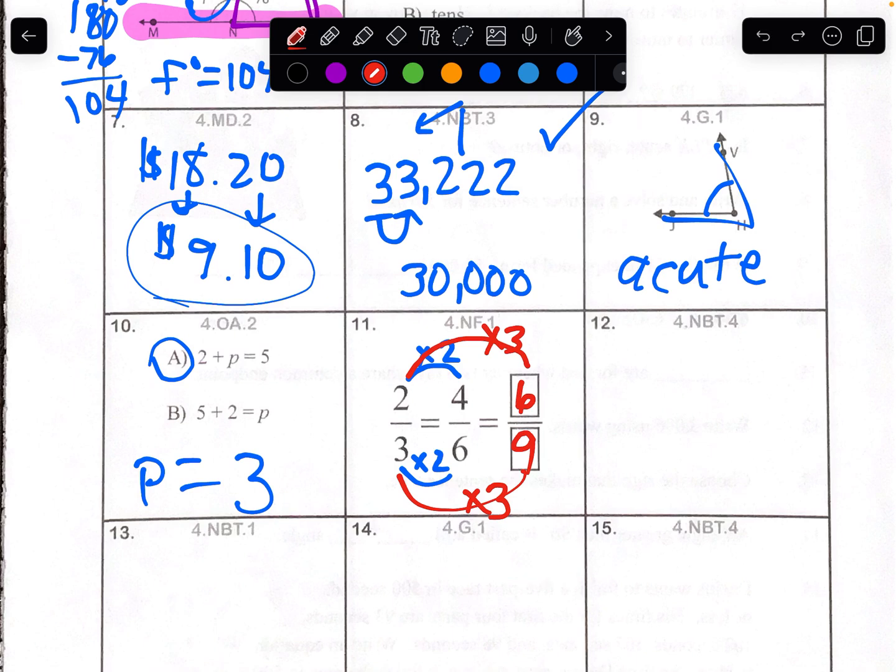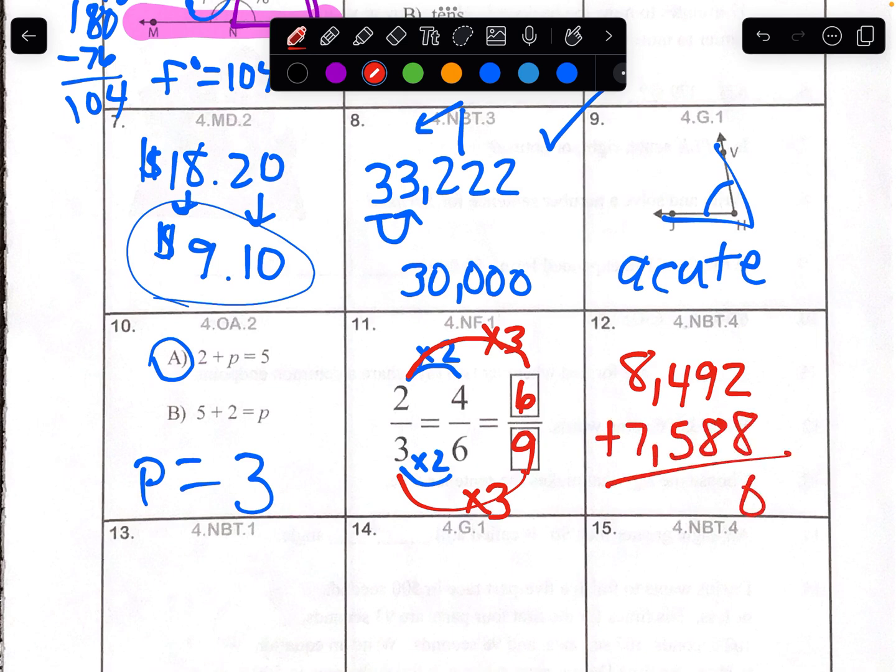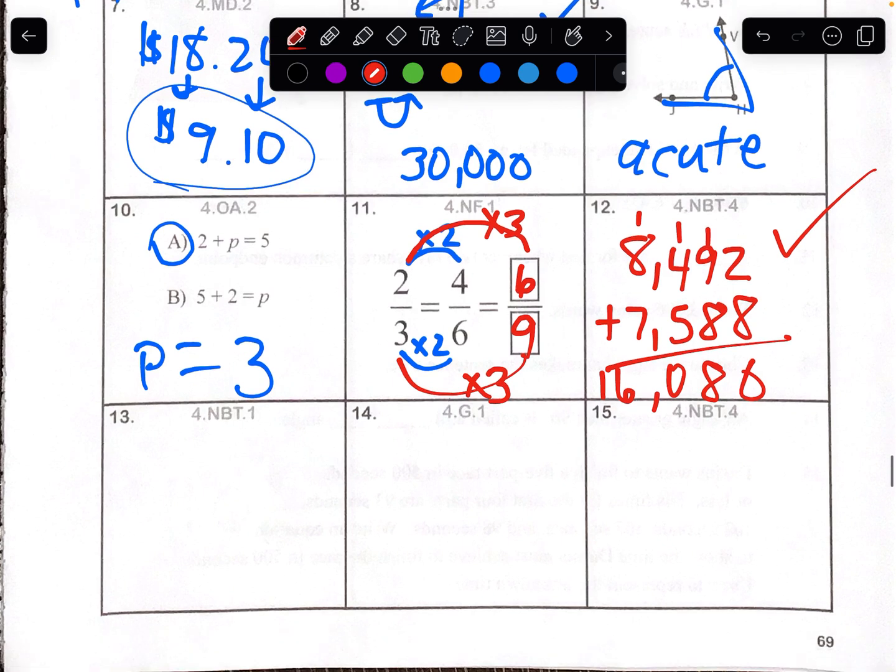All right, number 12. We're looking for the sum. Sum means to add, for 16,080. You should give yourself a check if you got it. All right, 13. 6,000 is equal to what times 10?